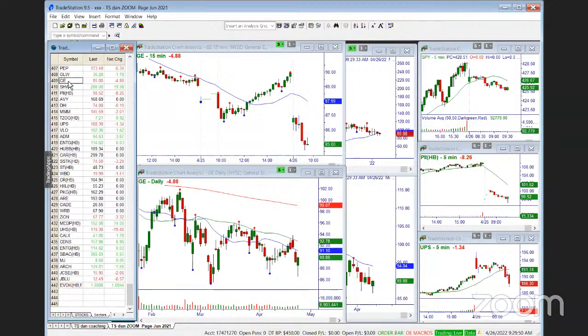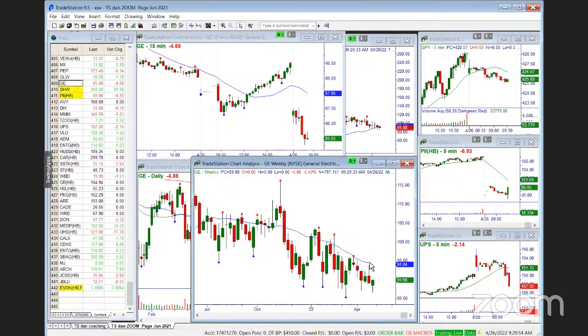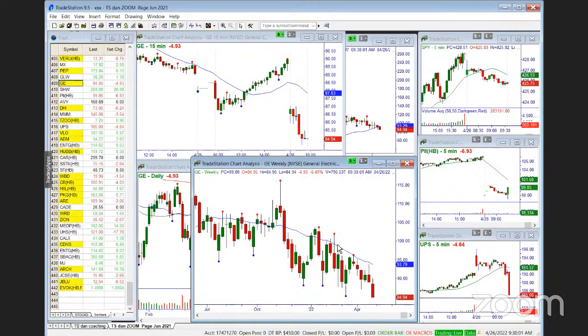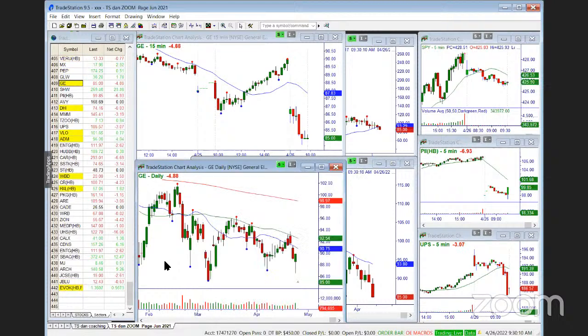GE, this thing's been dead money for the longest time. Look, this is a descending triangle. It was trying to hold support, lower highs, cracking on the weekly. So GE's bearish, but it's down a lot from the 50 now.